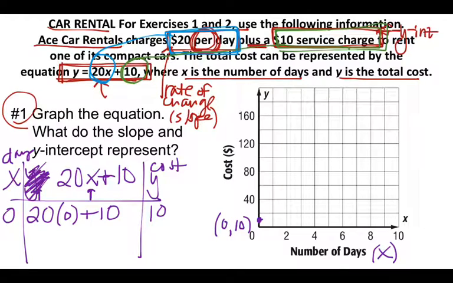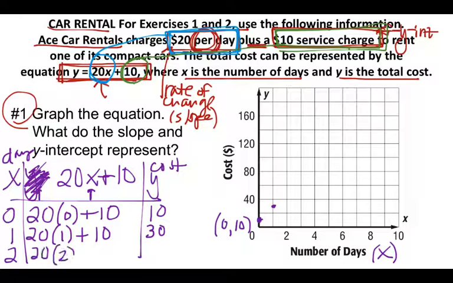My total is $10. We already have that on our graph. For 1 day, it's $20 for the 1 day plus my $10 fee. It's going to be $30. So at 1 day, I'm getting charged $30. 2 days, well, it's $20 per day. That's $40 plus that $10 fee I had to pay. Now, you don't pay $10 each day. You pay that at the very beginning. But we need to keep that in our table because that $10 needs to be taken into account that we paid the very first time we got this car. So at 2 days, it's $50.